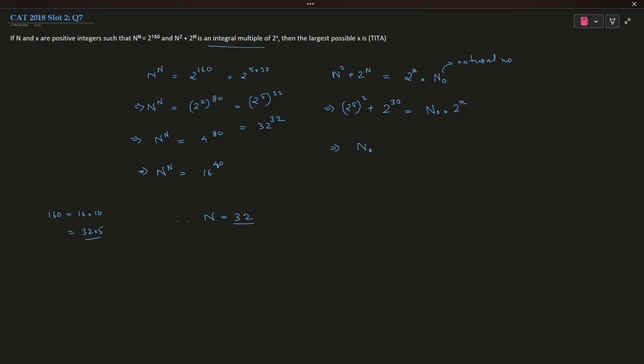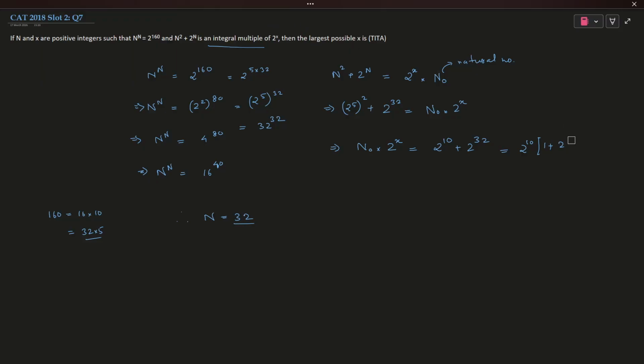From here, some natural number into 2 to the power of x is basically 2 to the power of 10 plus 2 to the power of 32. I can take 2 to the power of 10 common and I will be left with 1 plus 2 to the power of 22.